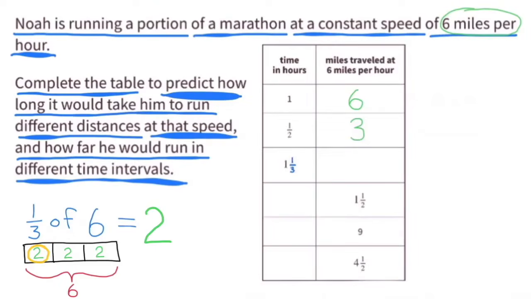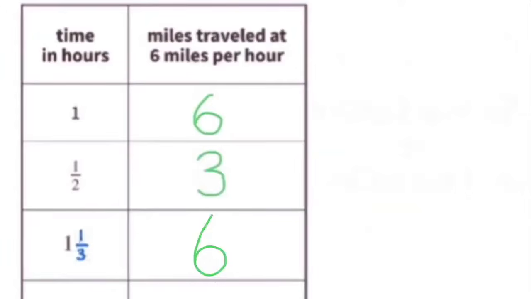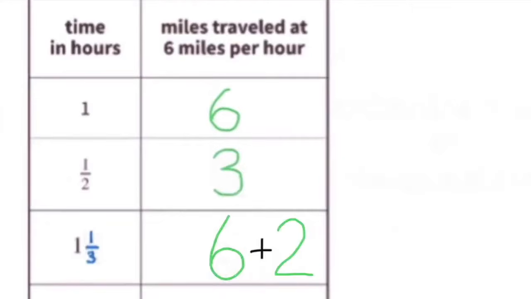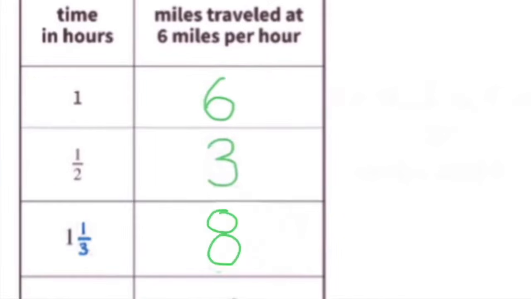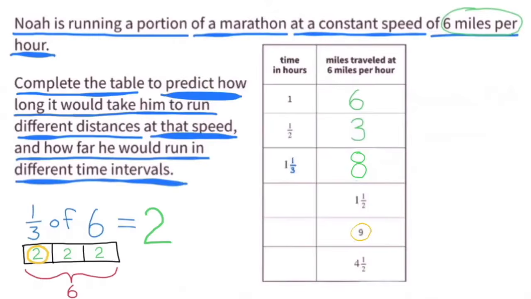So in 1/3 of an hour, he could run 2 miles. At 6 miles an hour, in 1 hour, he could run 6 miles. And in 1/3 of an hour, he can run 2 miles. So if he ran 6 miles an hour for 1 1/3 hours, he could run 8 miles.